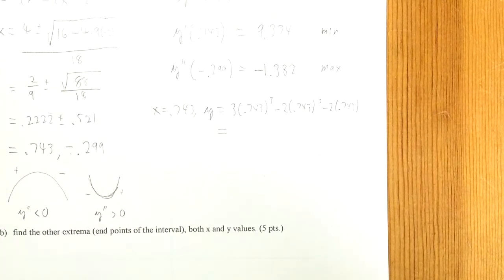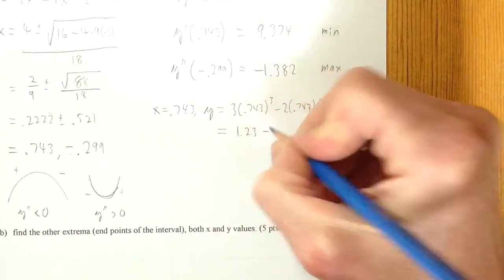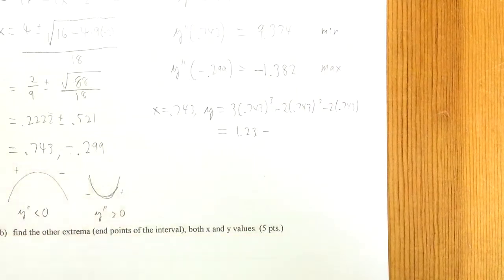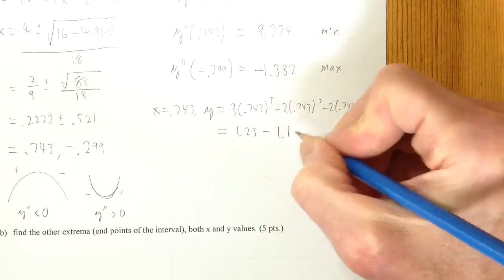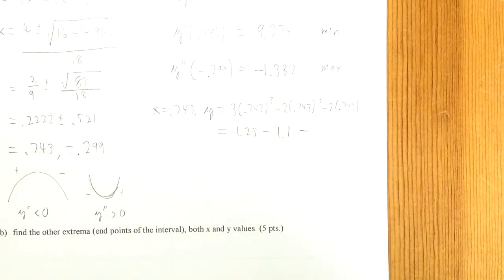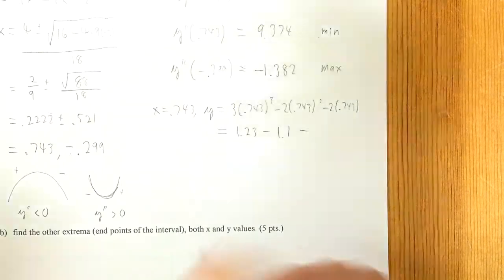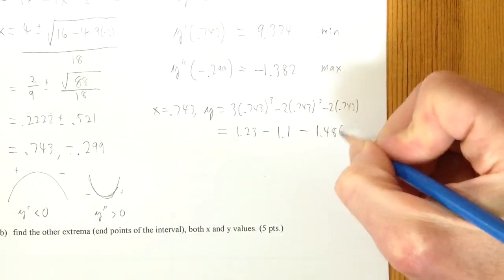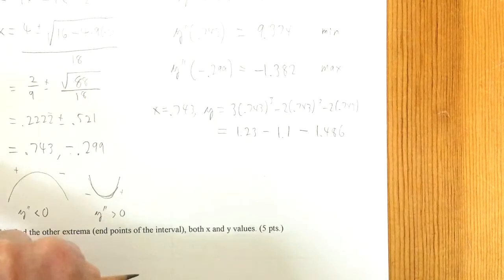So 3 times 0.743 cubed is about 1.23, minus 0.743 squared times 2, minus 2 times 0.743, which is 1.486. Let me check that. 0.743 squared times 2 equals... Yep, I think that's right.